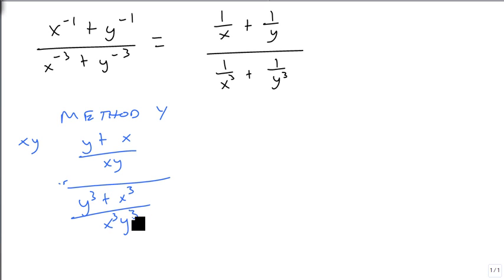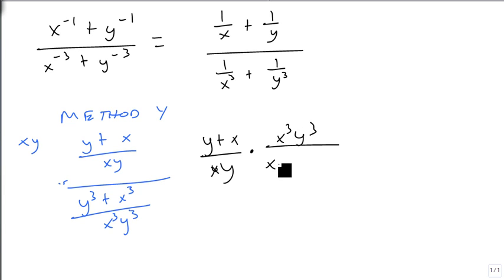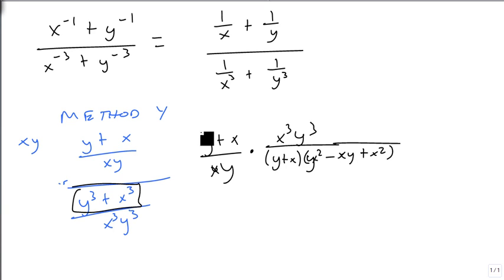So this turns into (y + x) over xy times x³y³ over (y³ + x³). Well, let's do this. We're going to factor this as a sum of cubes, so we get (y + x) times (y² - xy + x²), keeping the same order that it came in.